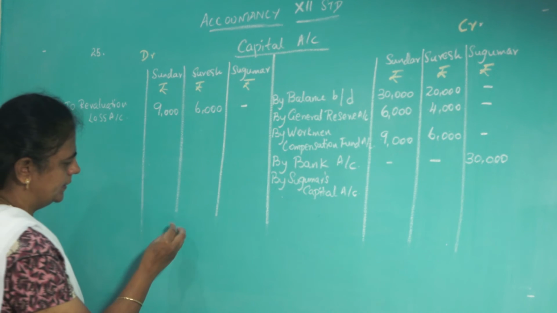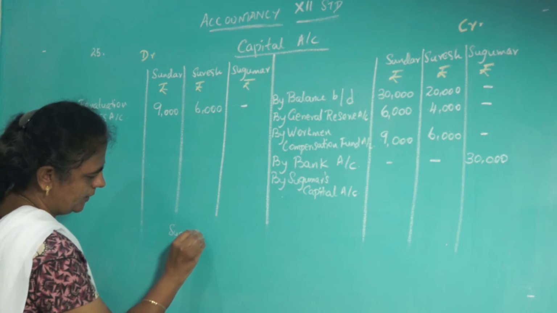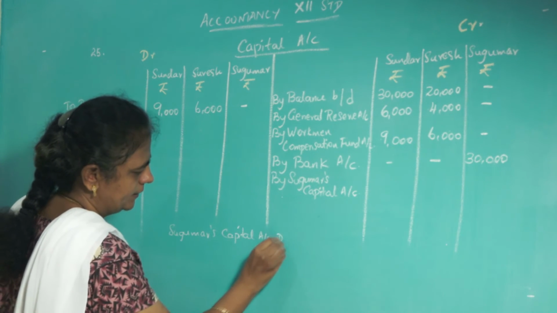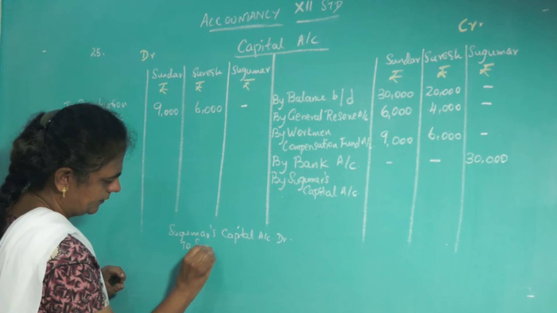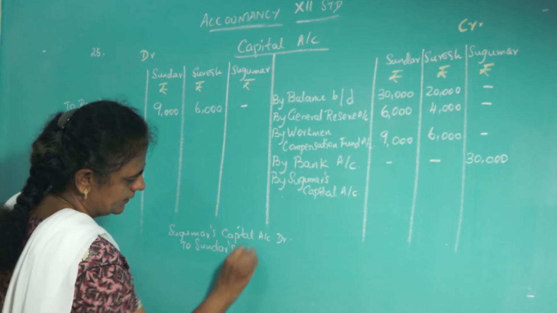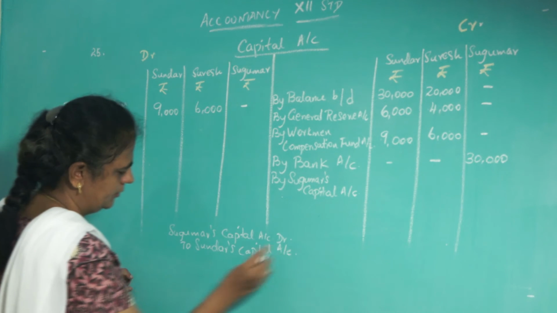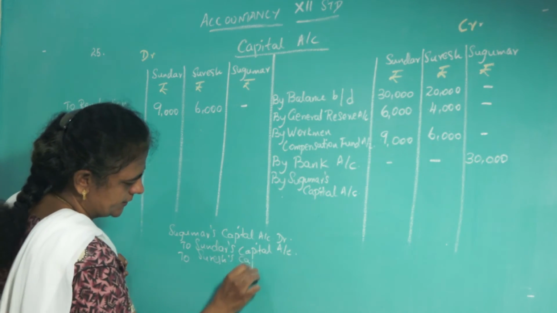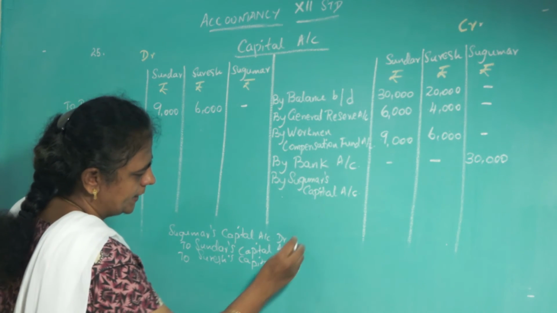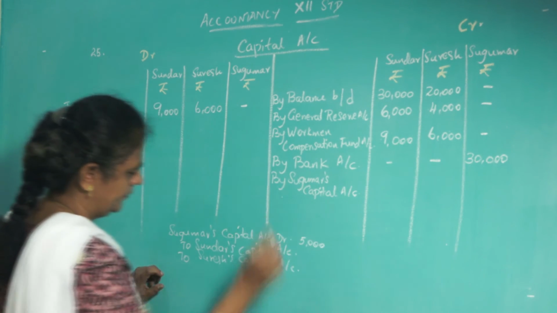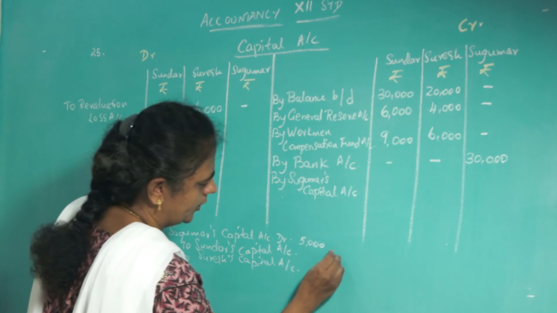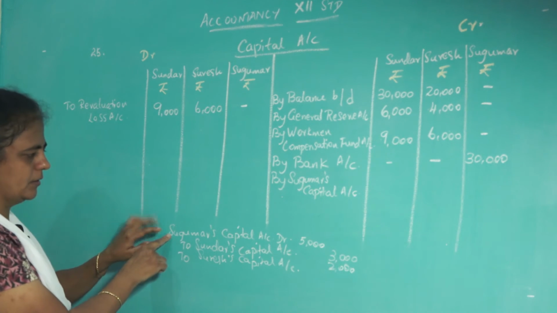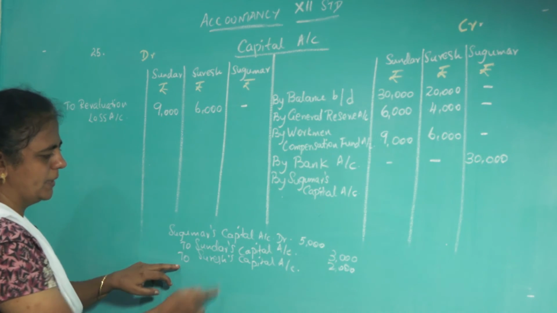The journal is Sukumar's capital account debit to Sundar's capital account and Suresh's capital account. Actually, he has to bring 5,000 rupees. If you divide it in the old ratio, you will get like this. He is not bringing, so Sukumar's capital account is debited, and these two old partners' capital is credited.